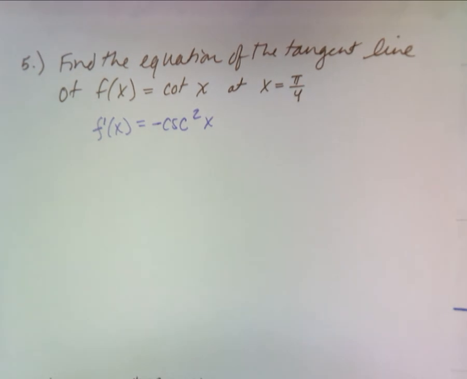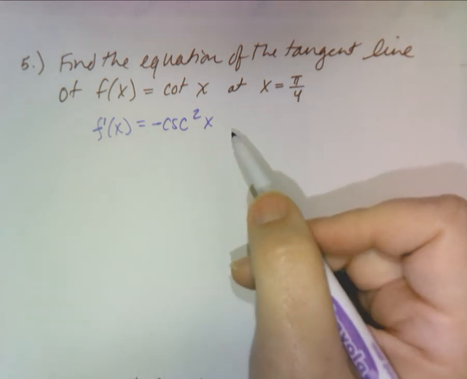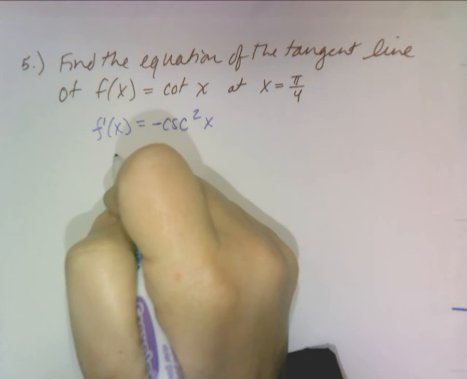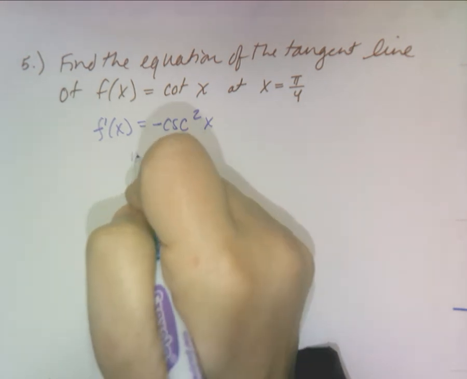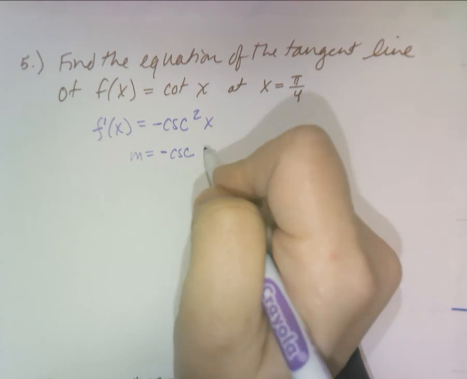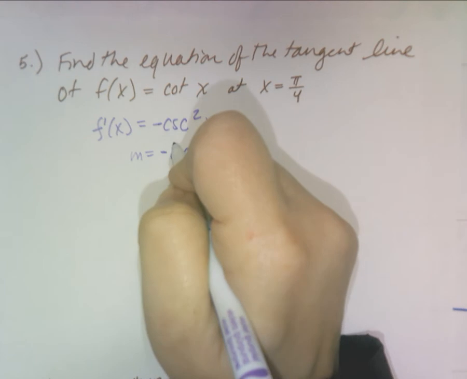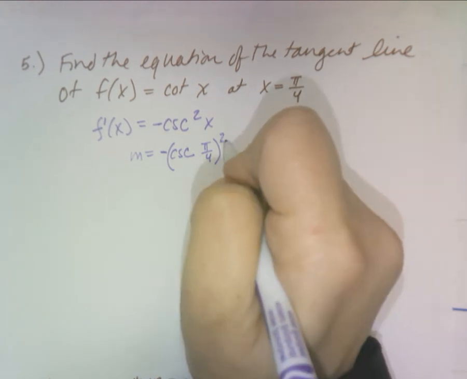Now, I need to find the actual slope value at the point pi over 4. So I need to find what is the slope at negative cosecant of pi over 4, and then I am going to square that.